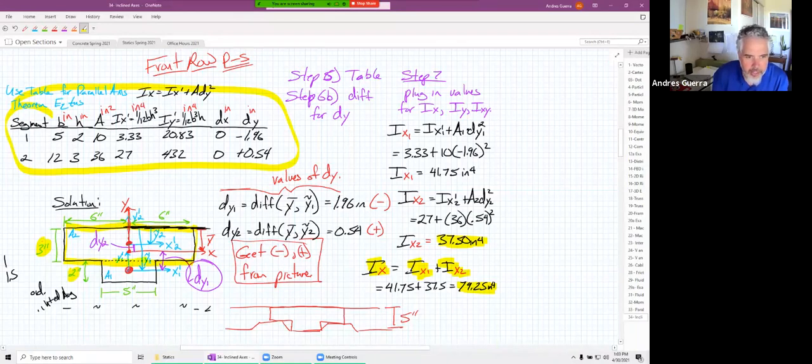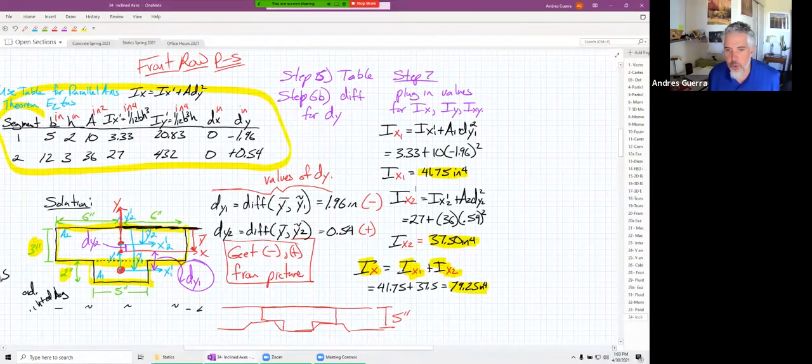IX1, this little area down here that's sticking down, we get 41.75. So we are more than doubling the I just by having that little piece sticking down there. And so we're reducing the volume of concrete while keeping basically the strength of a 5-inch slab. That's why this stuff is so popular to use in buildings, because it's a very efficient and effective system.